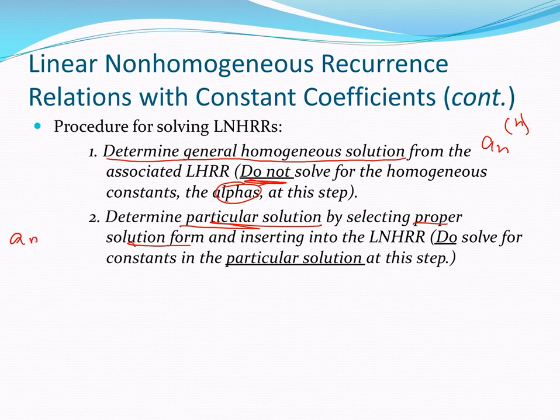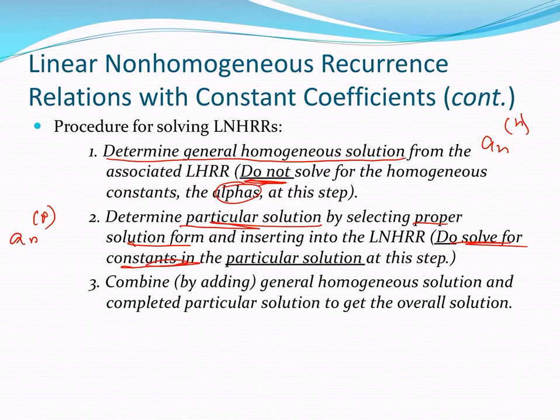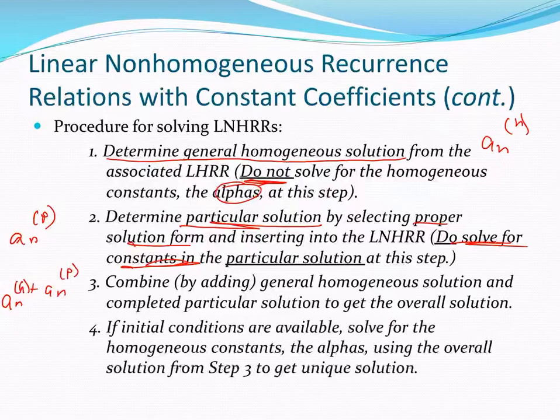This will be ANP. And at this point, we will have some constants we want to solve for in this step. Third, now we add them. We get ANH plus ANP. And then we're done unless we have some initial conditions available, in which case we will finally solve for the alphas for the general homogeneous solution.